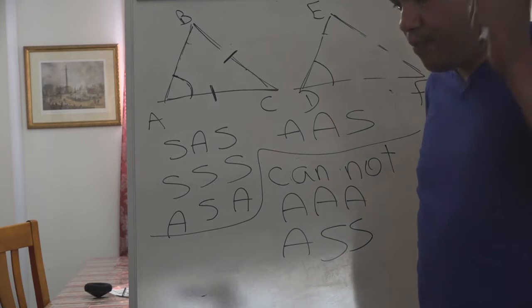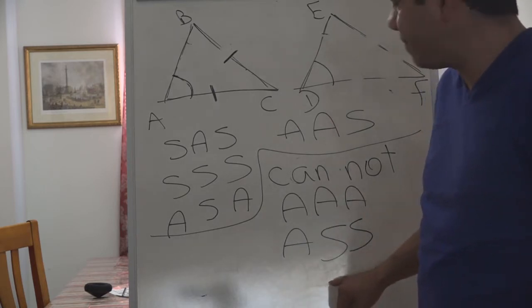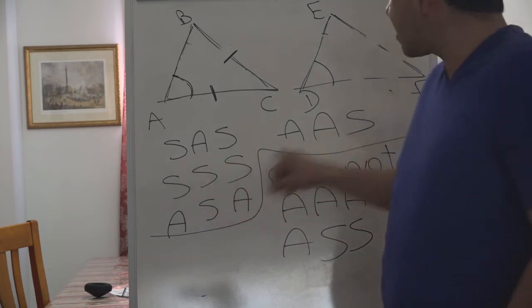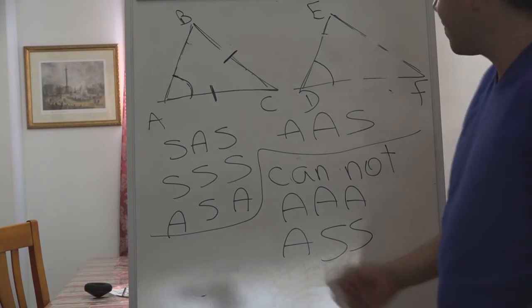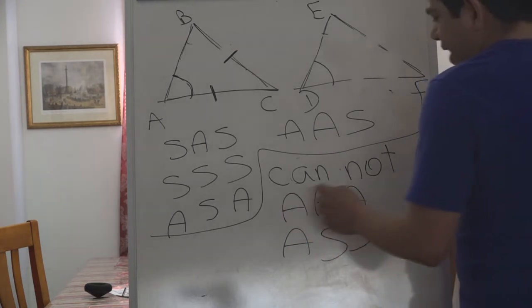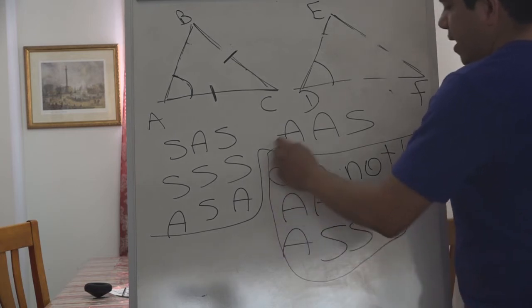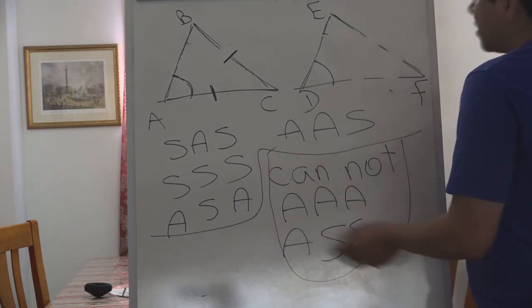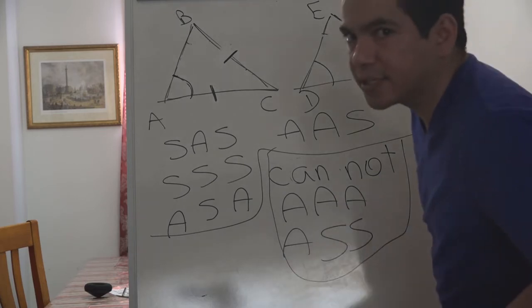You cannot prove triangles congruent using ASS, okay? You could use AAS right here, but you cannot use ASS. So angle, angle, angle, and angle, side, side cannot be used, okay? You cannot do that. Sorry. And yes, definitely you cannot.